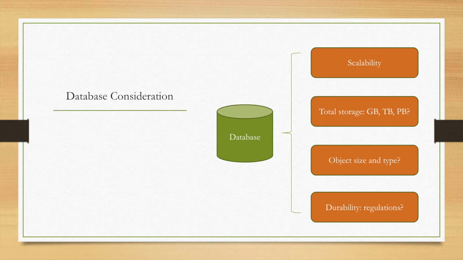Total storage: how much data you want to save in it, in GB, TB, or PB. Object size and type. Duration: are there any regulations? For example, some regulations require you to store data for 5 years before deleting it.